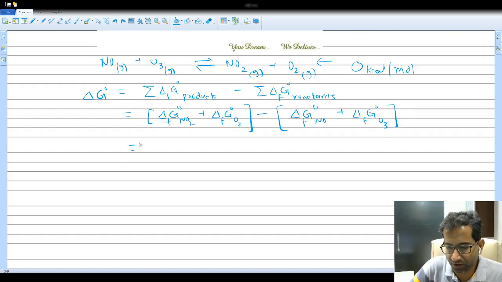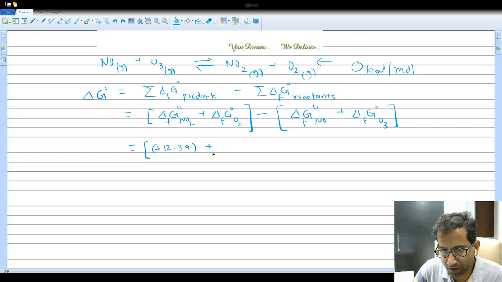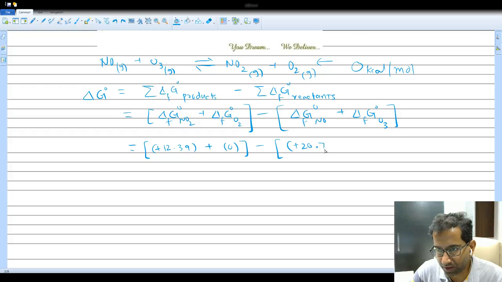Now let's substitute the values. For NO2 it is plus 12.39, that of O2 is 0, minus that of NO, which is plus 20.72, plus that of ozone, which is plus 39.06.